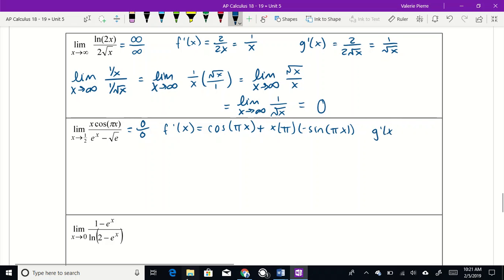And g prime of x would be equal to just e to the x, since this is a constant, and the derivative of a constant is 0.